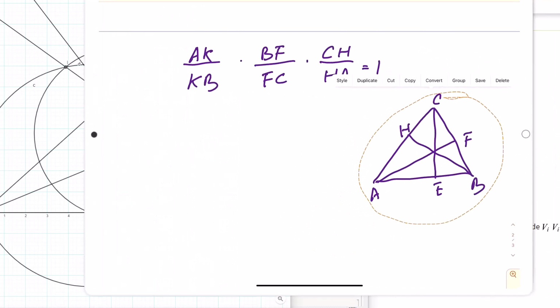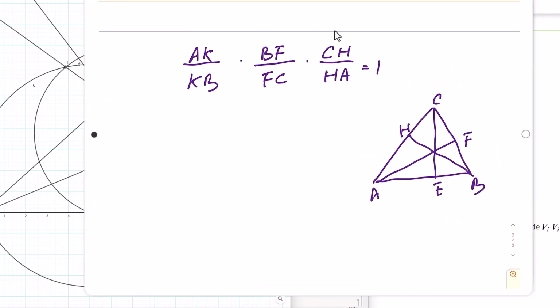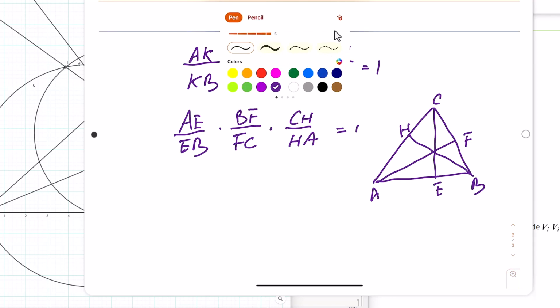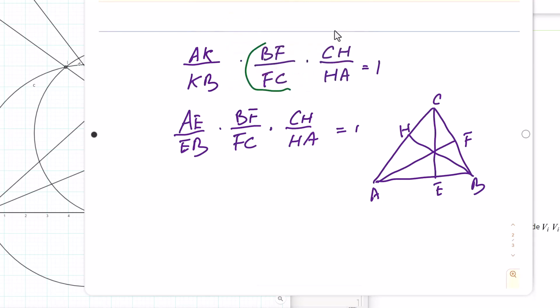AE over EB times BF over FC times CH over HA equal to 1. And you notice that these two parts are the same.